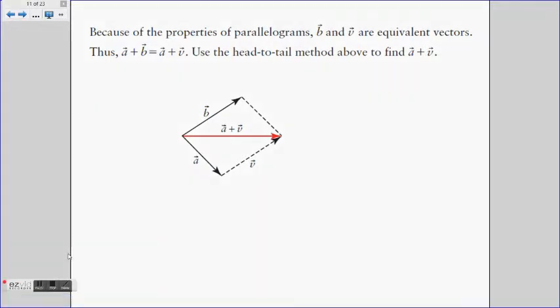We can use either of these two methods in order to add vectors that are not parallel to each other or do not lie in the same line. It's important to know both of these methods because depending on the type of question we encounter, it may be useful to use one over the other.